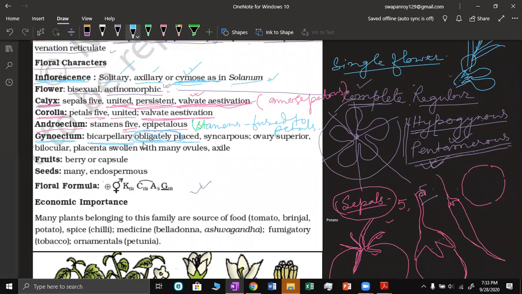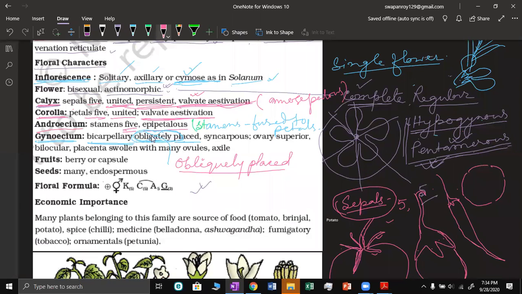This one is obliquely placed, not what is printed in the book.